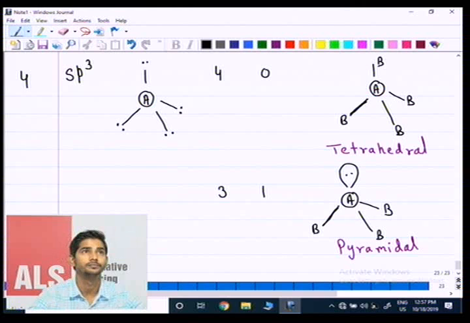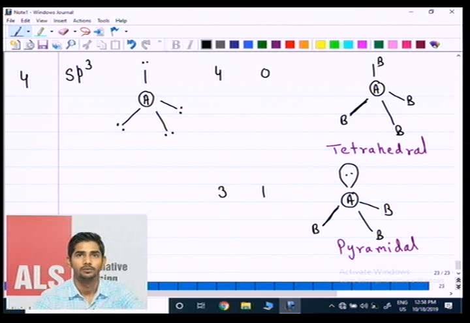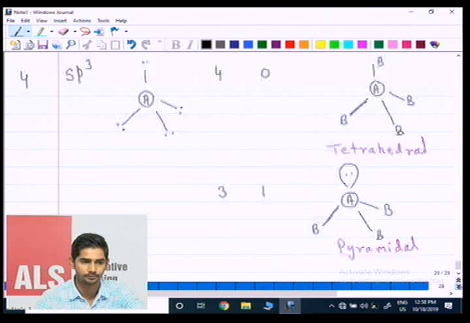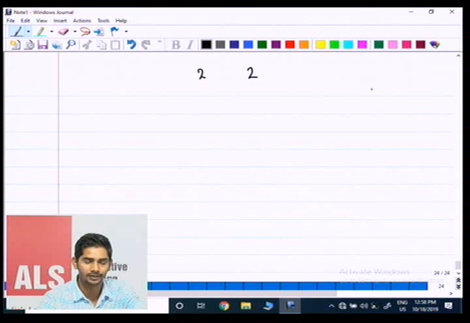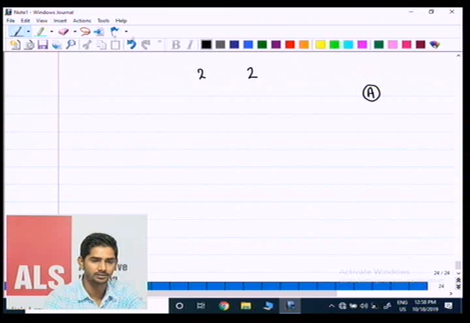Okay. Let's move on. This is the next case where bond pairs are 2 and lone pairs are also 2. In that case, this shape will look like this. See, for simplicity, I'll draw it like this.